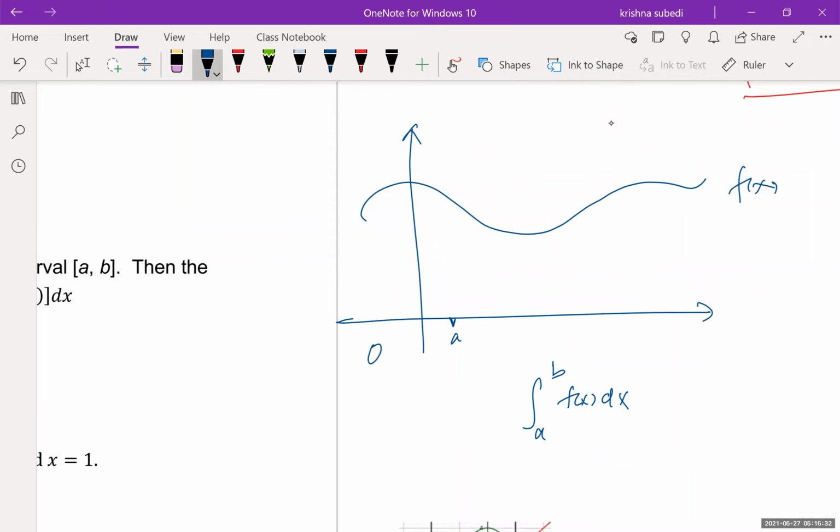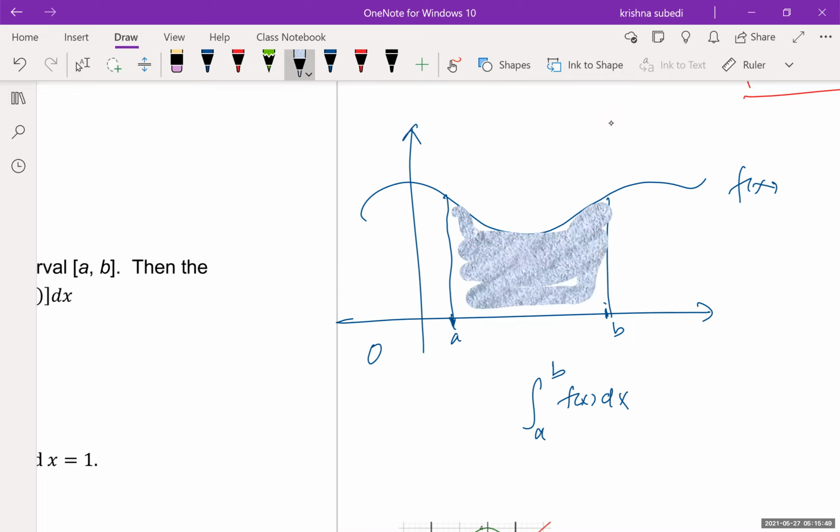Let's say this is your a and this is your b. What it means is basically I'm looking for area, this area. This is the area that I'm looking for.